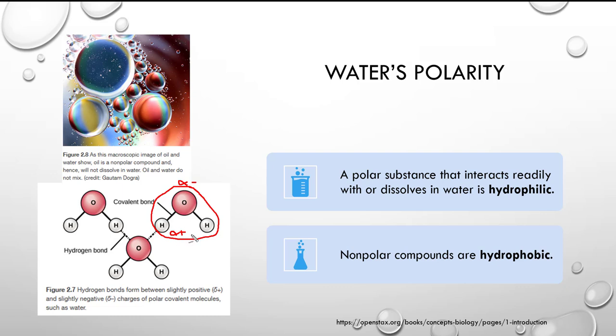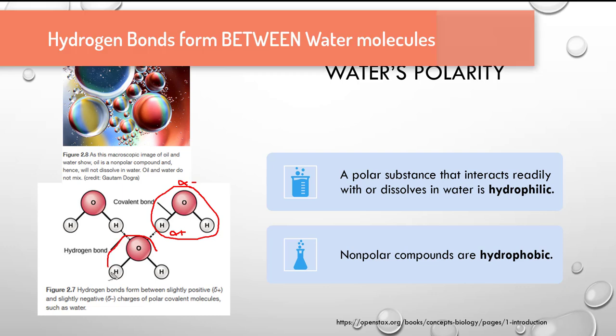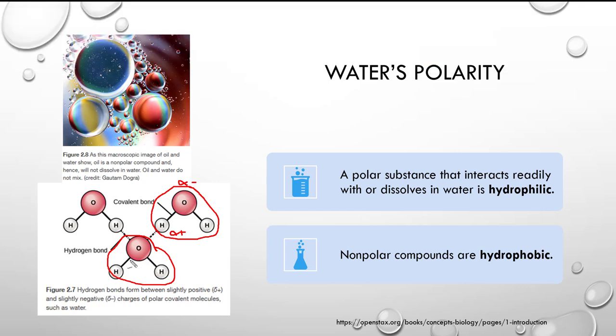And we also have, between two water molecules, a hydrogen bond. So a hydrogen bond can form between two water molecules. Remember, it's between two water molecules, it's not within a water molecule. Hydrogen bonds are considered weak bonds.